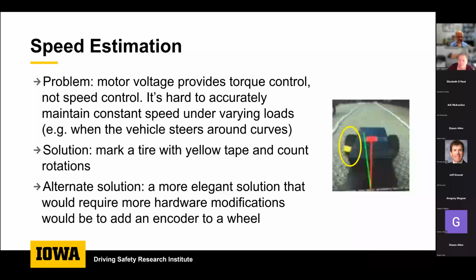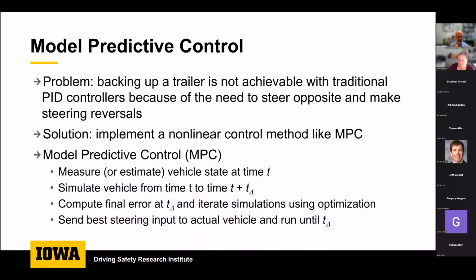It looks a little bit like that. Only instead of one piece of tape that gives us a notification of one revolution, an encoder can do many, many more segments in a revolution. But it would have required us to figure out the mechanical design of installing that encoder. So we made that work.